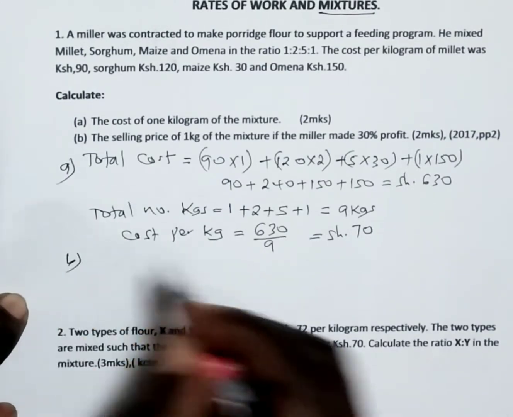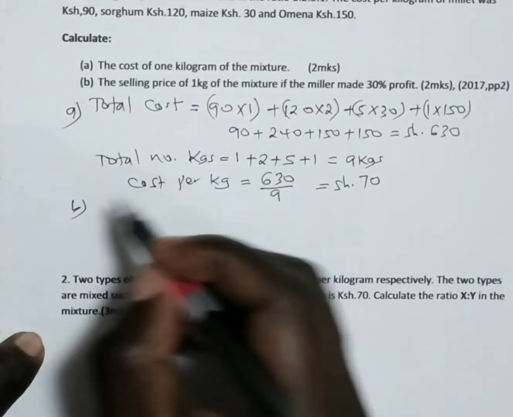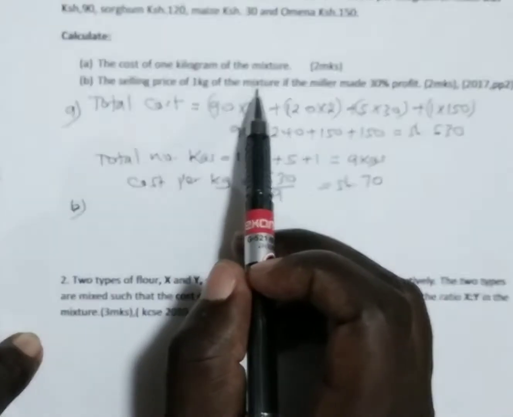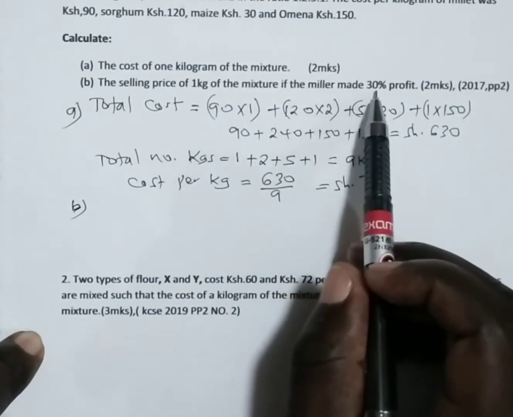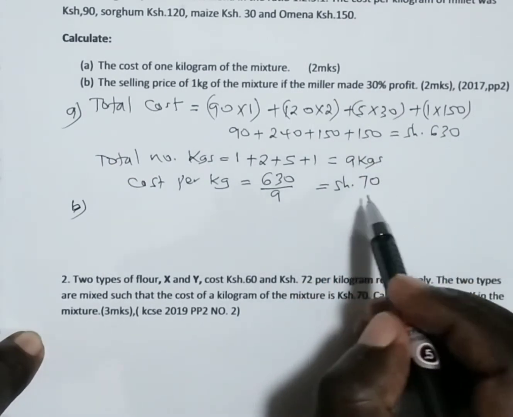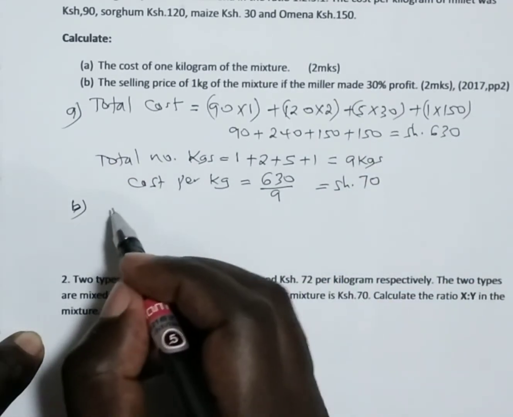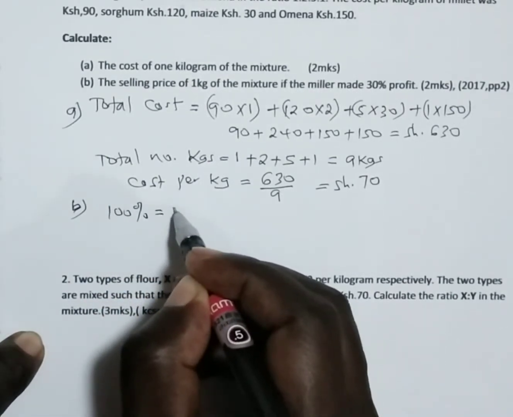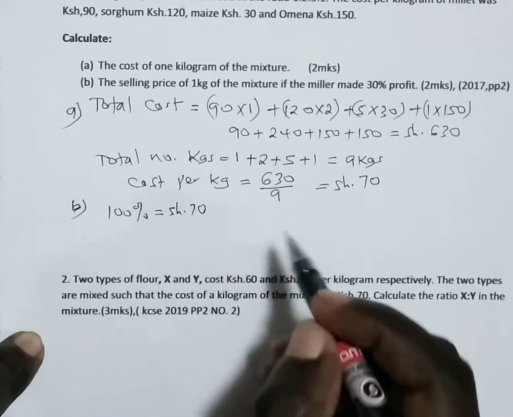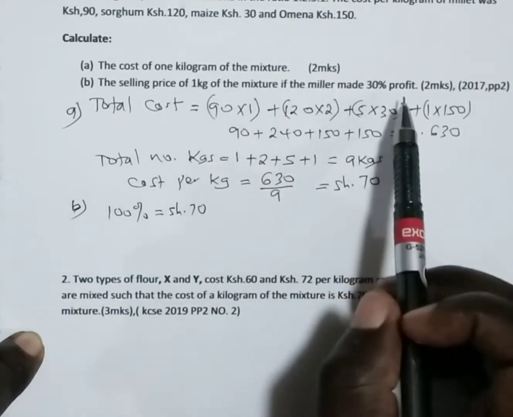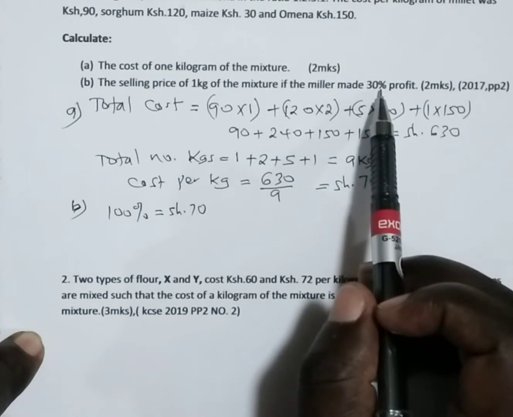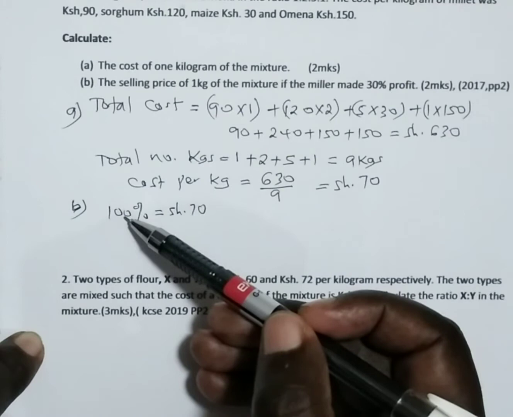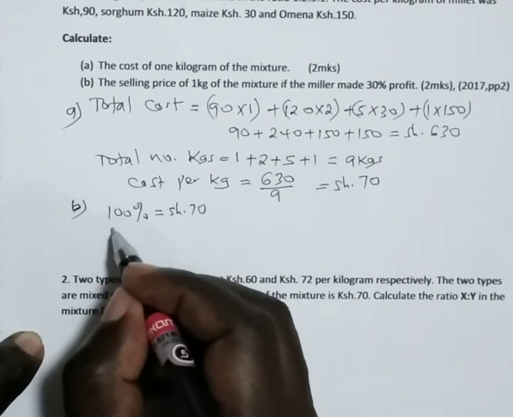Then part B we are told to find the selling price of 1 kg of the mixture if the miller made 30% profit. Remember, the cost price represents 100%, and therefore 100% is equal to 70 shillings. If he made a profit of 30%, it means he got what he spent, 100%, and on top of that got 30%.